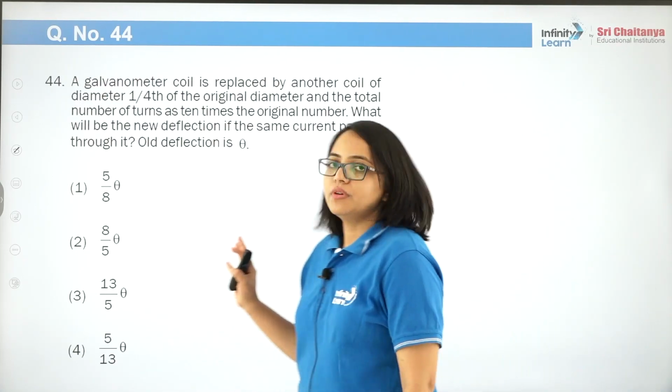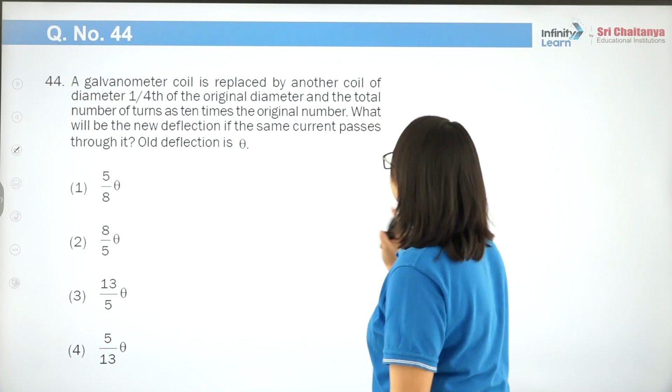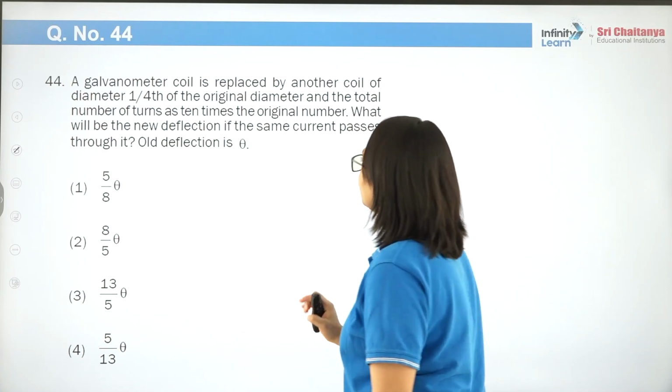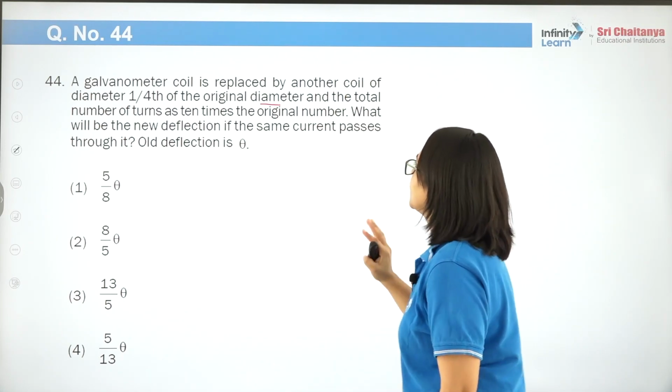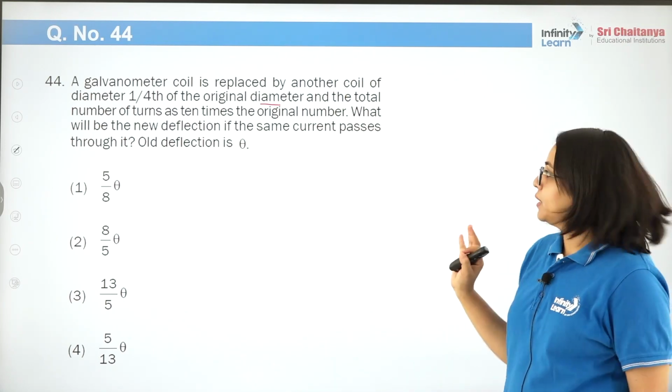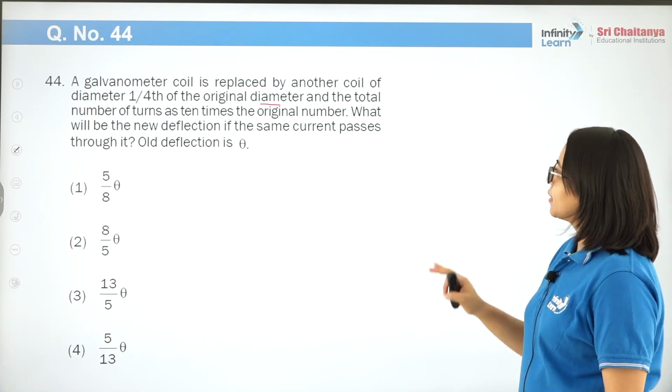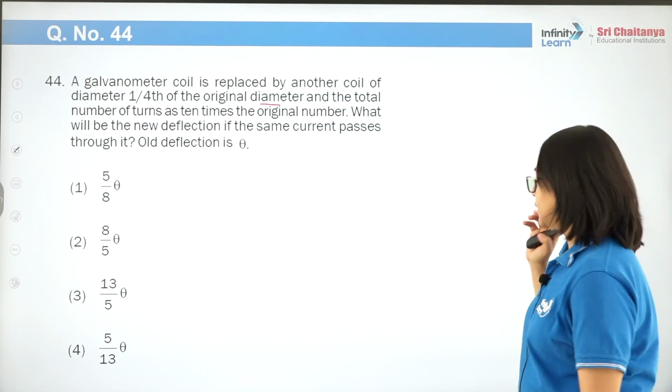Question number 44. A galvanometer coil is replaced by another coil of diameter 1/4 of the original diameter and the total number of turns is 10 times the original number. What will be the new deflection if the same current passes through it, and the old deflection is theta?